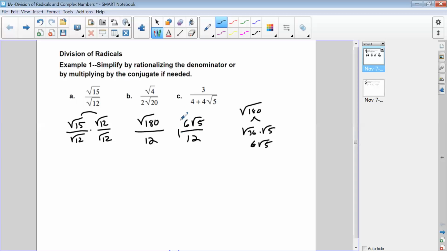What I'm looking to simplify is this fraction, 6/12, which becomes 1/2 times the square root of 5, or the square root of 5 divided by 2. Either one of those two would work.